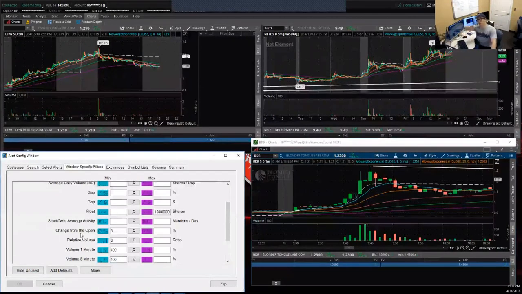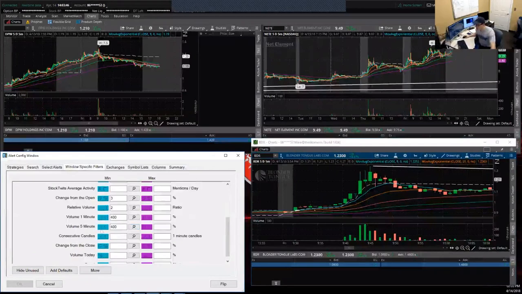We're looking for stocks trading at least 2 times their normal volume. So we have covered relative volume. The reason we were alerted of BDR is because it was starting to trade 2 times its regular volume at 9:40. Then we have volume on 1 minute, 400, and volume on 5 minute, 400 as well.